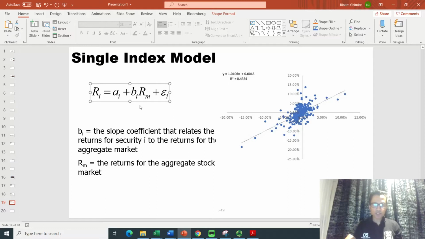So here you can see this term, which is beta times RM, the return from the market, and if it is the excess return from the market, then you are taking away the risk-free rate, plus the epsilon term is here.